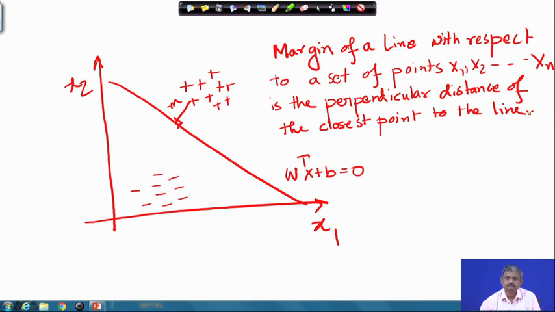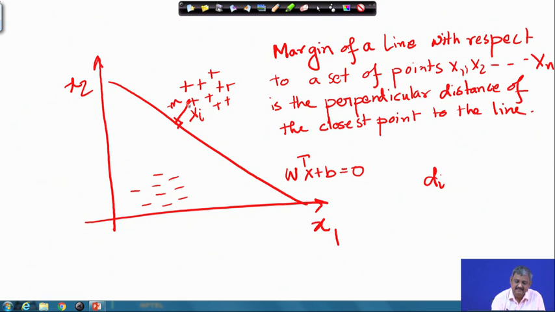Clear? Okay. It is very easy to write it mathematically. If I take a point xi, do you remember the perpendicular distance from xi to that line? Let me call it di.